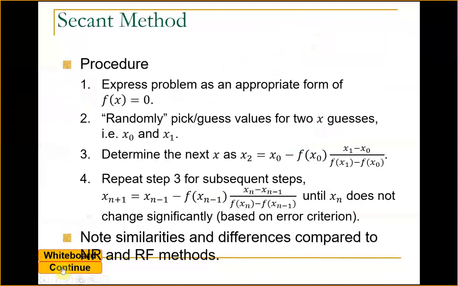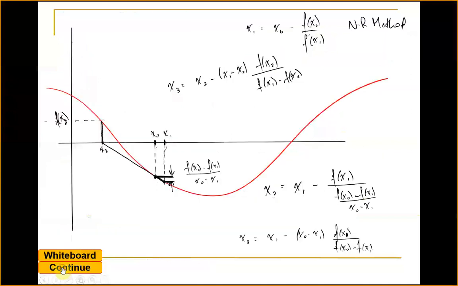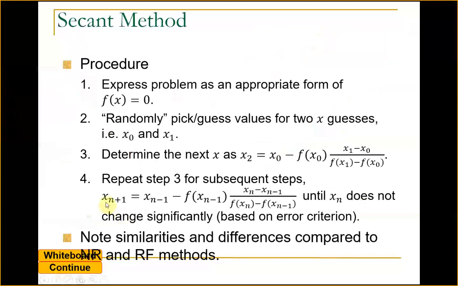Note, I want you to see the similarity. Okay, look. So for example, let's say we're doing x3, it would be x3 equal, in this case, it doesn't matter. Here we have it as x naught. You could have used x1 also, it would have switched some things around. Let me write it in that form.